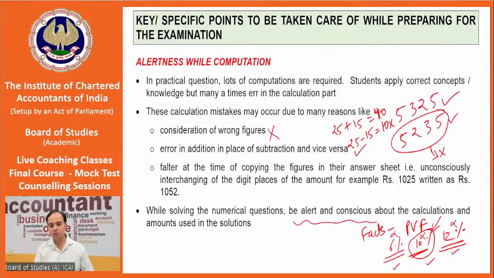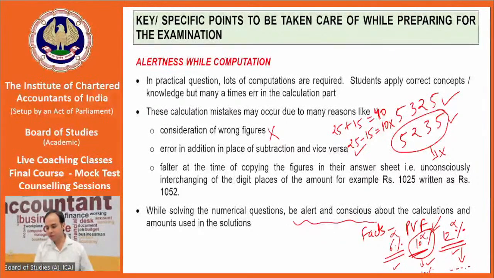Although you might have identified the correct discount rate, for example 10% in a particular question, while copying it in your answer sheet or doing the calculations in the calculator, you may have taken the PVFs of 12%.